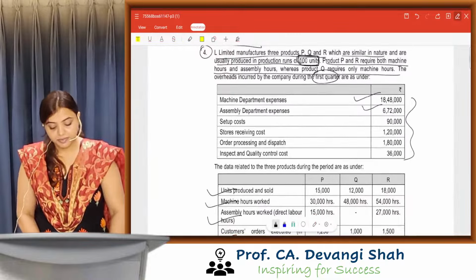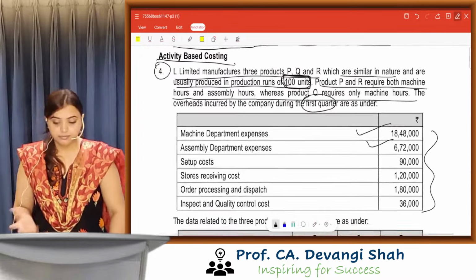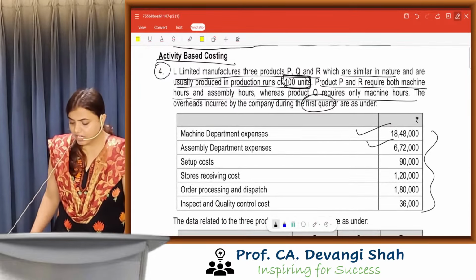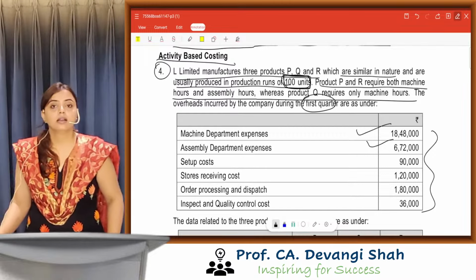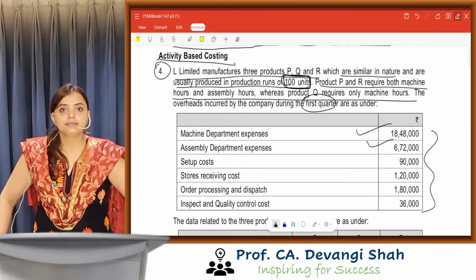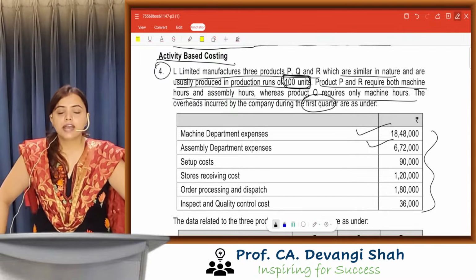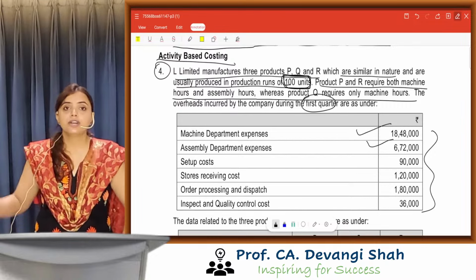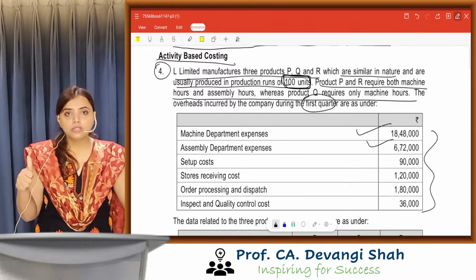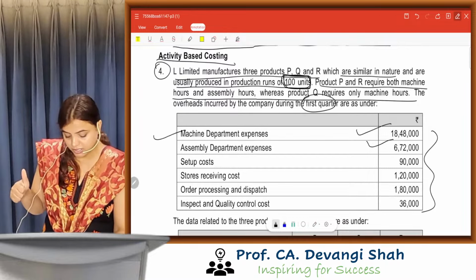Yes, friends. If you have studied this chapter, let me tell you my way of doing it. In ABC, I tell the students to make a table to find the activity based cost driver rate. But before that, first step, check out the activities. So friends, there are 6 activities.